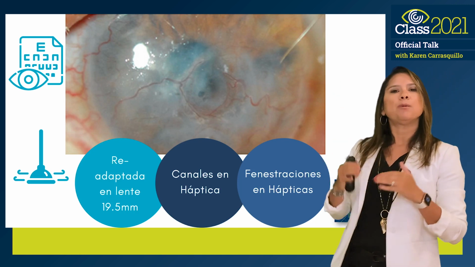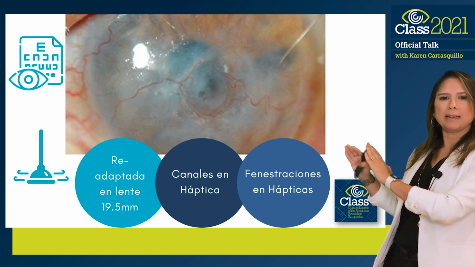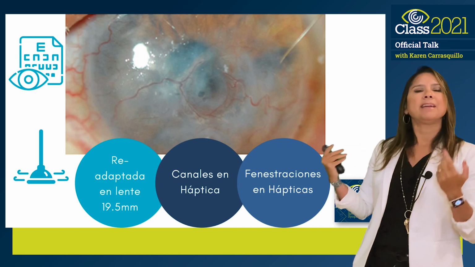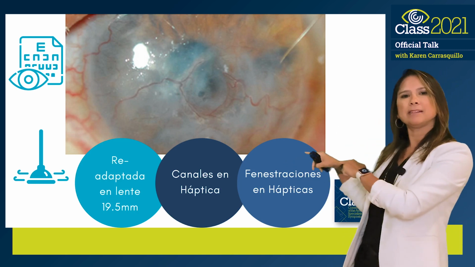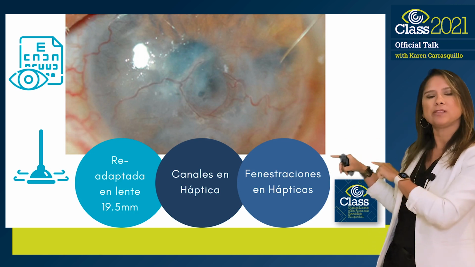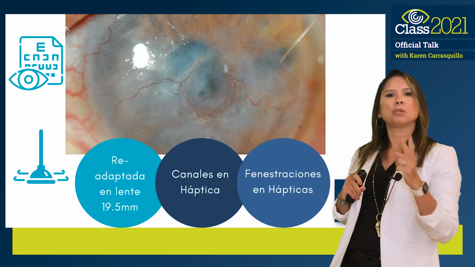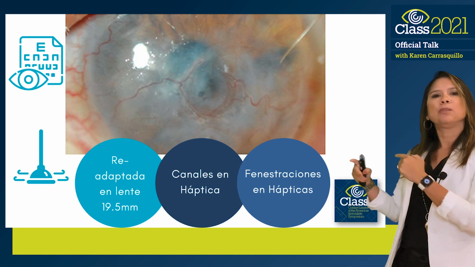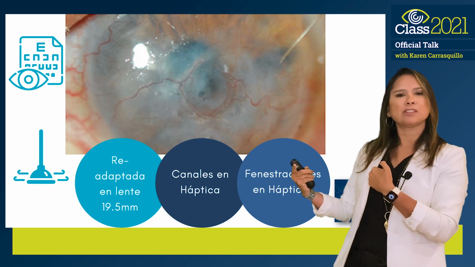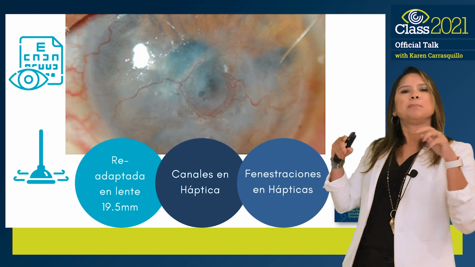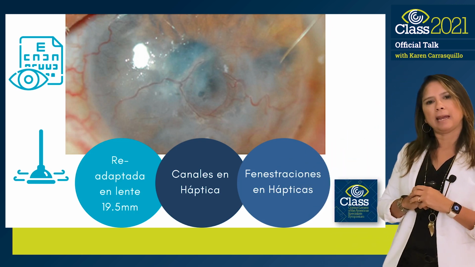And I'm going to find ways to customize that posterior area by adding channels in those haptics, but this time to minimize suction. And I will tell you in a moment how we do that and where I am going to add the fenestrations in that haptic area to prevent suction in addition to the channel.